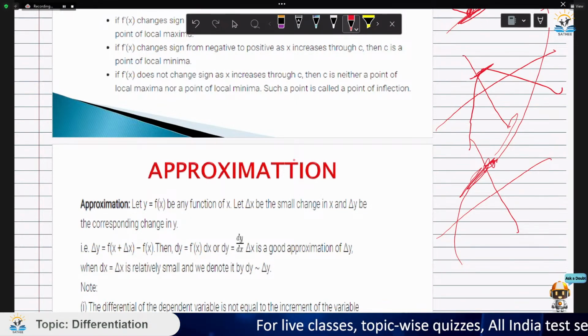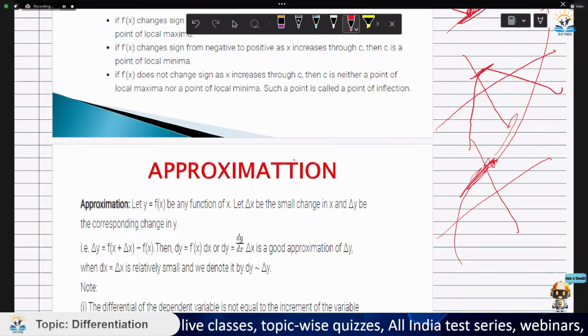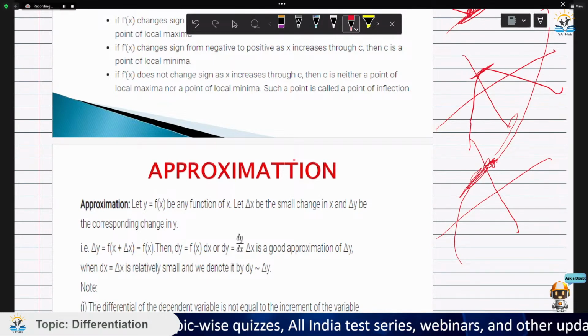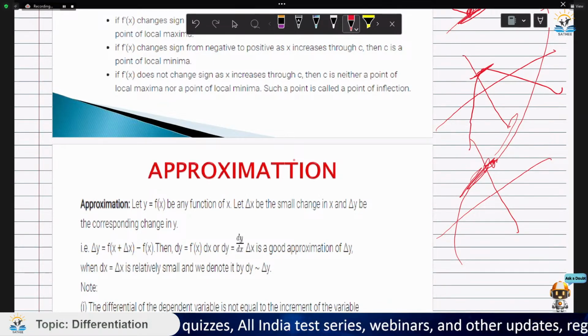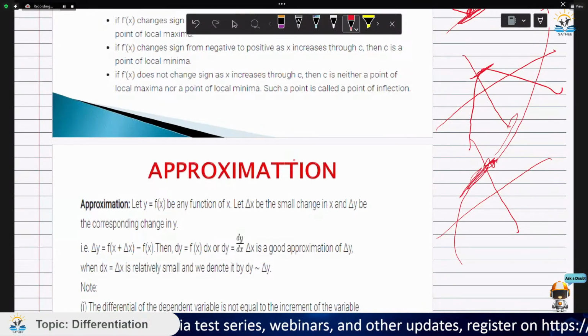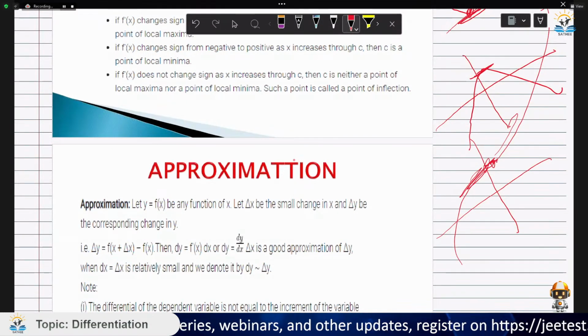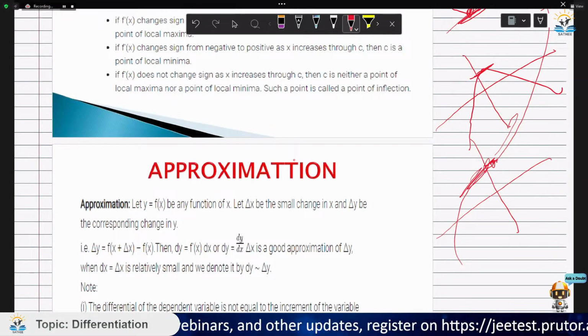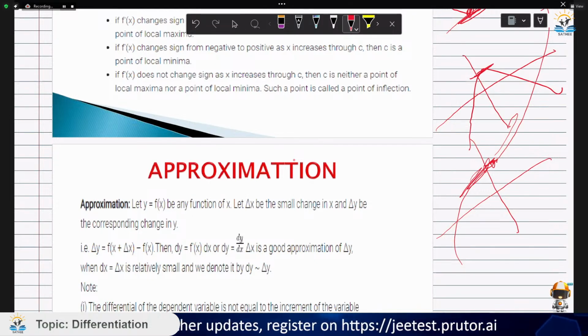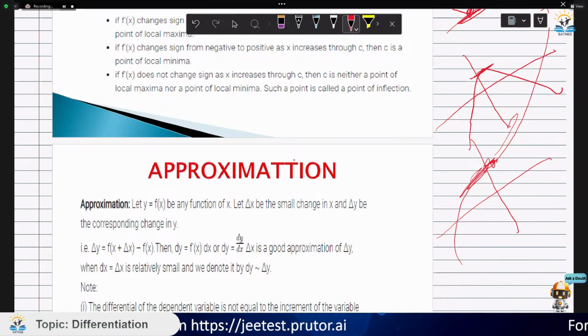I am not sure. This and this. So this cos square is equal to y. Okay, okay. No, I'm not sure. Let's skip this question.